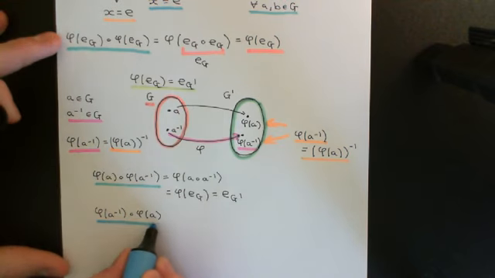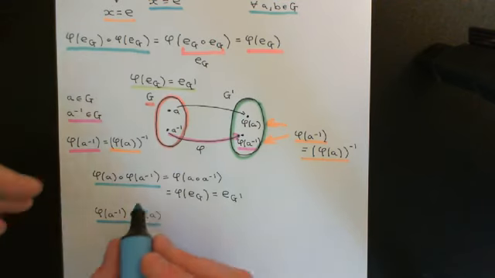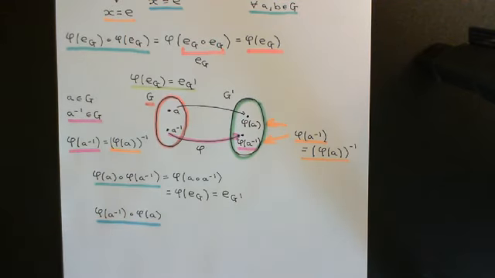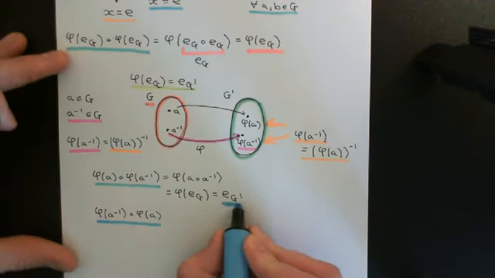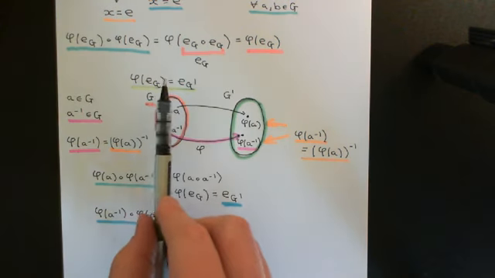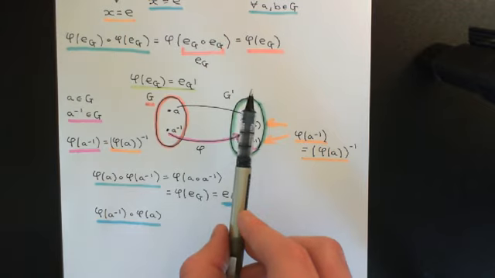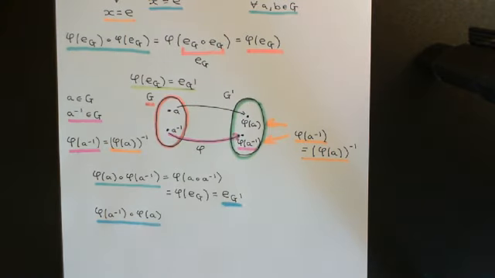So you can quite easily show that phi of A and phi of A inverse will compose with one another either way round to always give the identity in our codomain group G prime. What we have just shown is that inverses in the domain group will be mapped onto inverses in the codomain group G prime.